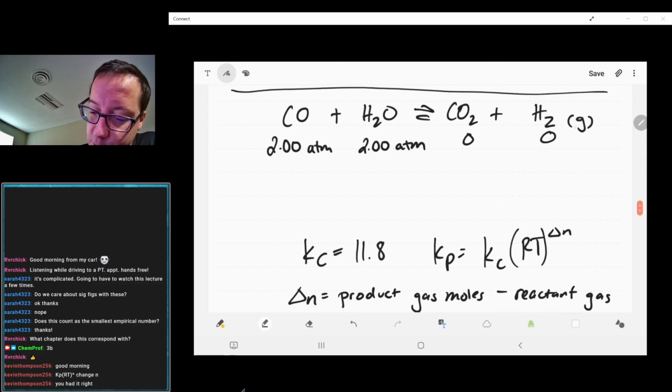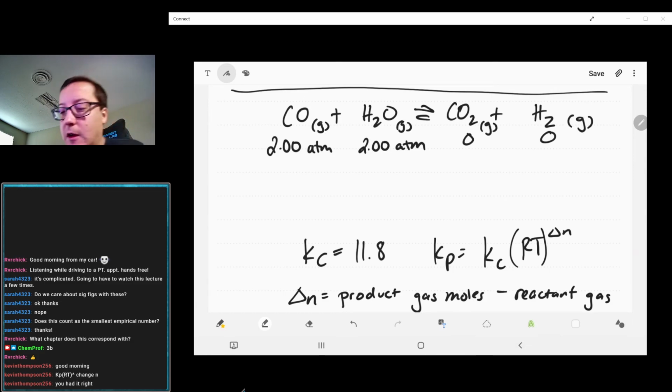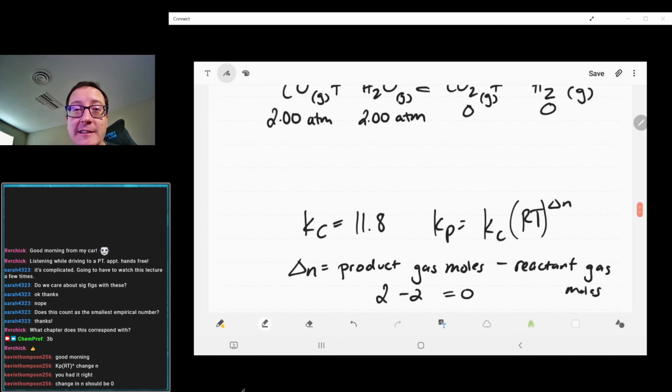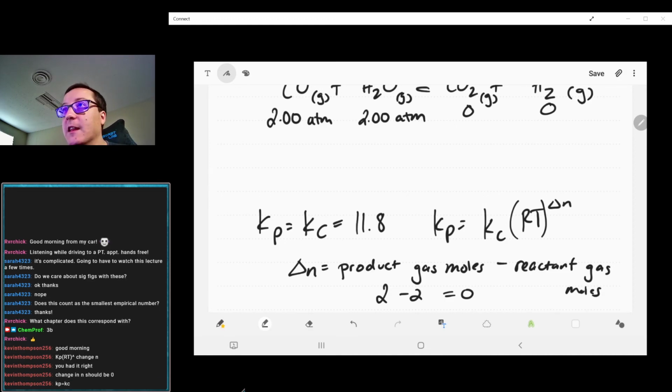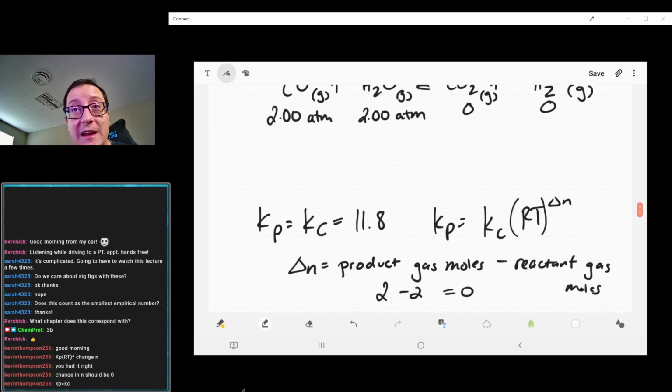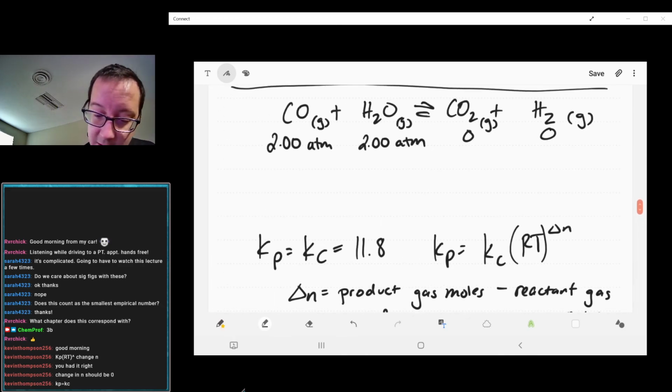Notice all of these, of course, are gases. So in this case, delta N is going to be 2 minus 2 equals 0, which means Kp and Kc are the same thing. So, hooray. Yay, lucky us. We did all that work for nothing. But that's how we would do it if we had a different number of moles of gas on each side.